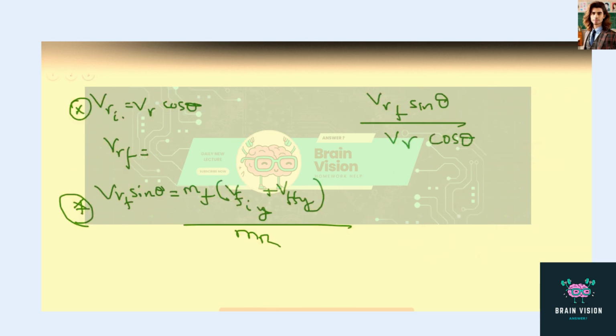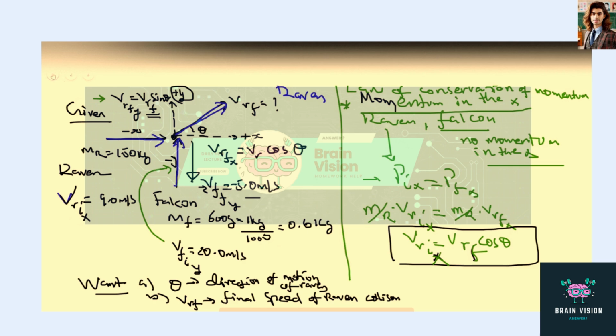VRF is just the final velocity of the raven.